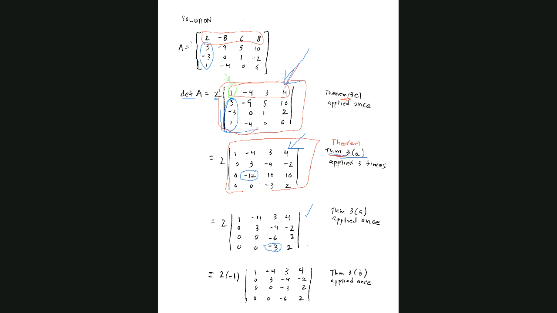What's our favorite pivot? Smaller's better, and our favorite pivot is 1, right? Good, Christy, that's right. So I could take the third row and multiply it by -0.5 and add to the fourth row.